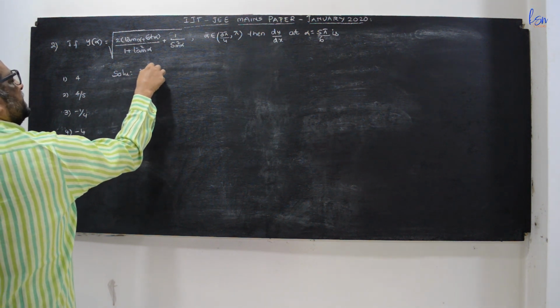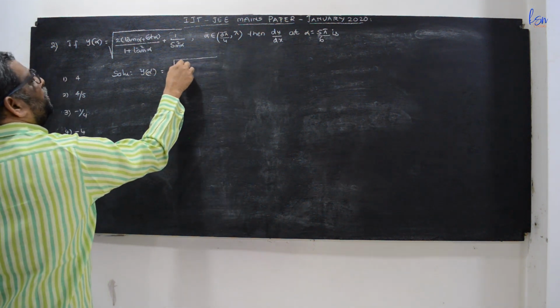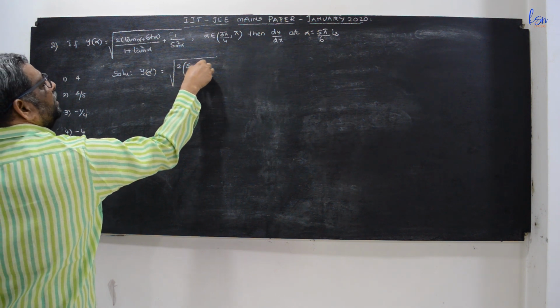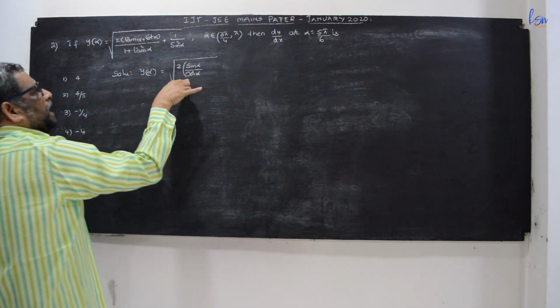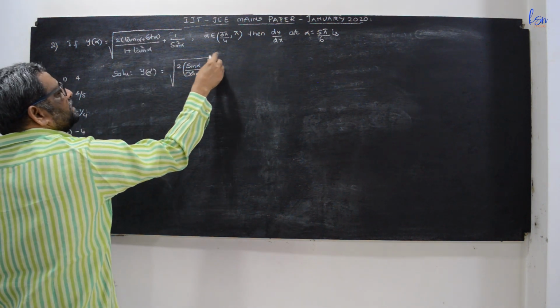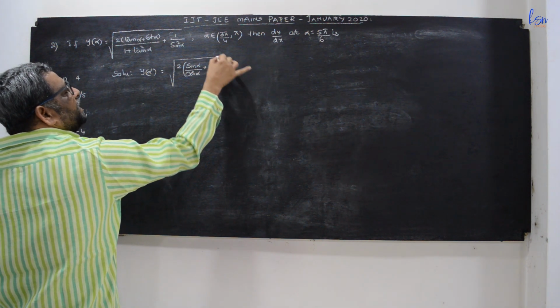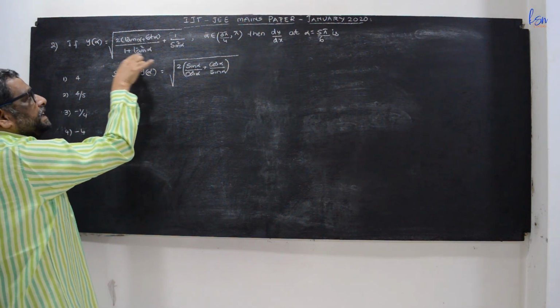y(alpha) is equal to square root of 2 into... we can write tan alpha as sin alpha by cos alpha plus cot alpha as cos alpha by sin alpha, into 1 plus tan square alpha, which is secant square alpha.